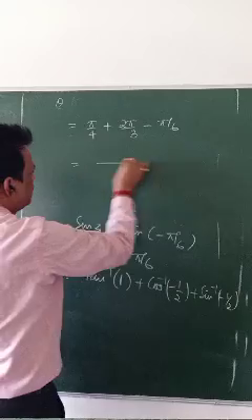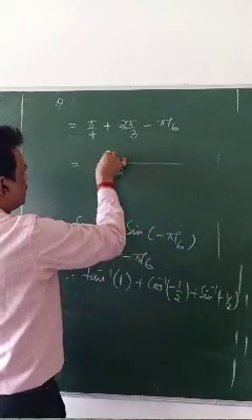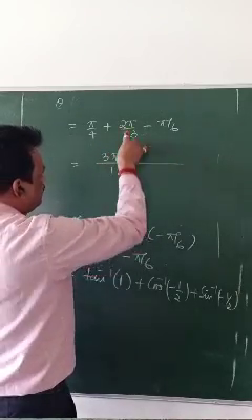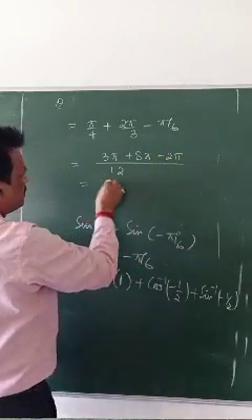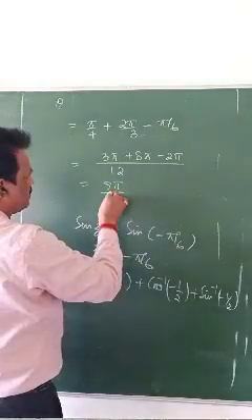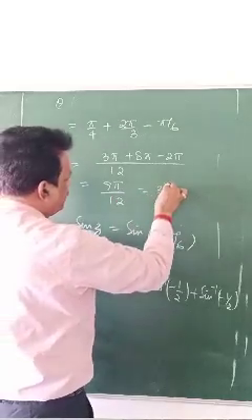So the LCM is 12. This is 3 pi plus 8 pi minus 2 pi, that is 9 pi by 12, that is 3 pi by 4.